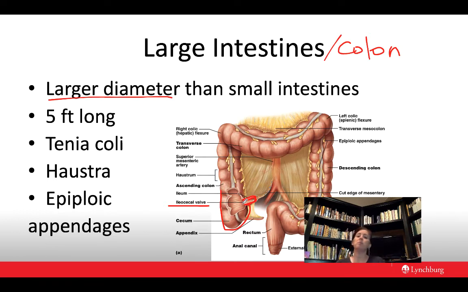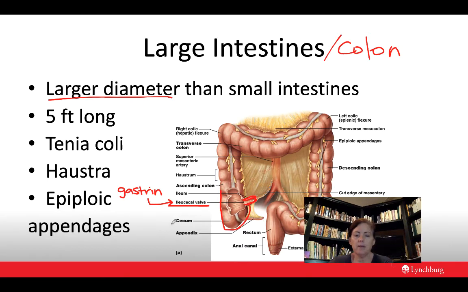And if you remember back, we talked in the beginning about a hormone called gastrin, and its release prompts the relaxation of the ileocecal valve. Okay, and so that's what's going to allow movement from the small intestines into the large intestines to finish out its process. Okay, so that's the ileocecal valve.